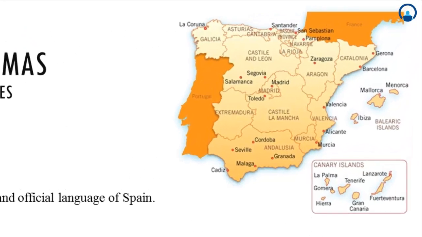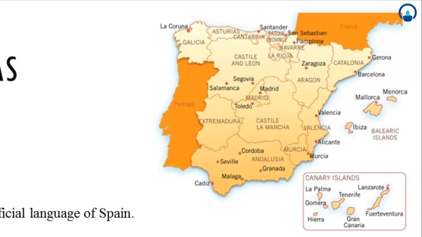In Catalonia, they speak Catalan with its variants. In Valencia, they speak Valenciano, and in the Balearic Islands, they speak Mallorquin. In the Basque country, above, the language spoken is Vasco, and finally in the north, in Galicia, they speak Gallego.